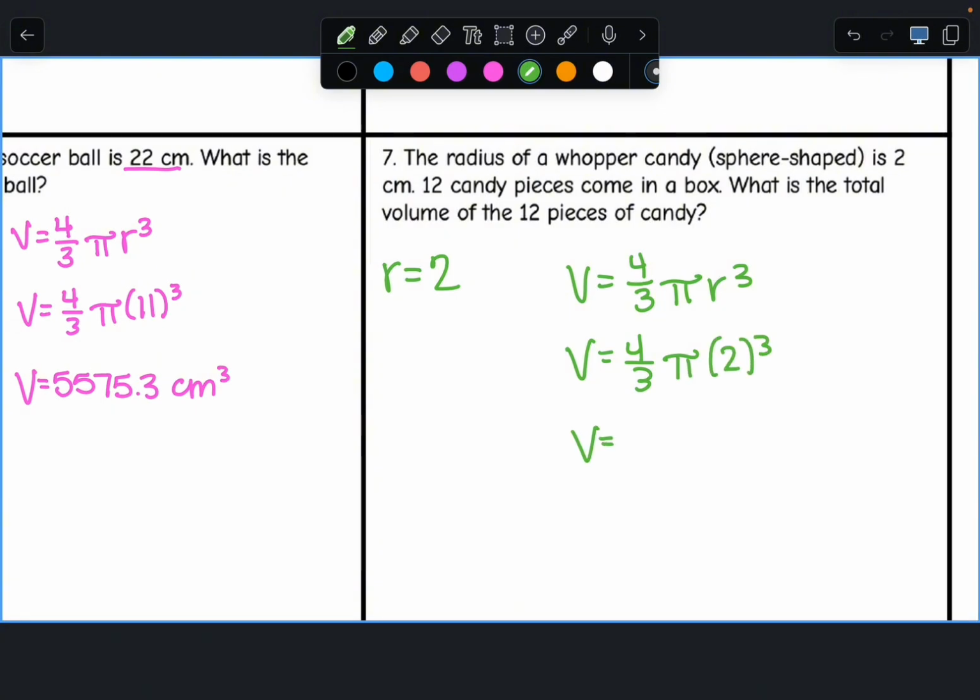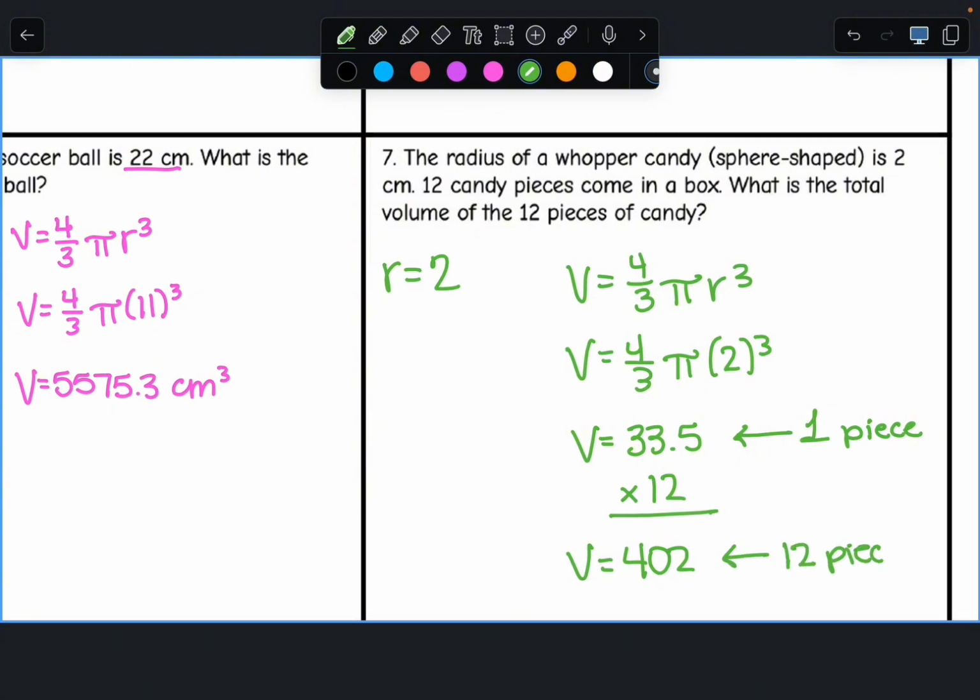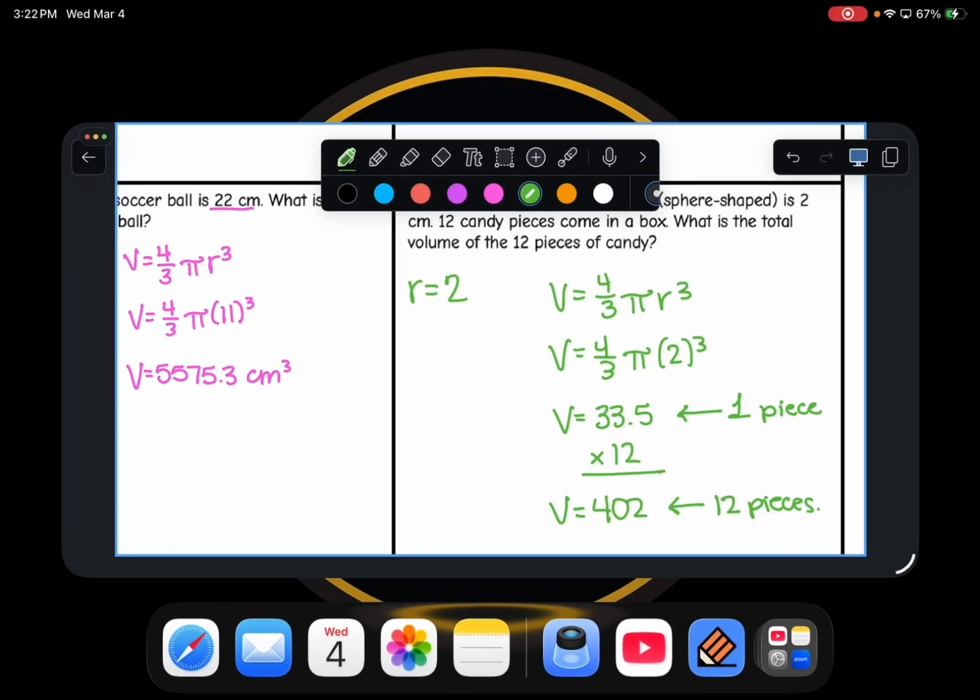What do you get? 33.5. Okay, but that 33.5 only represents what? 1 piece. So how do I find 12 pieces? Multiply by 12. And then you get 402. All right, questions?